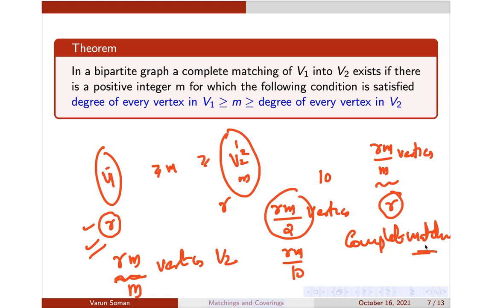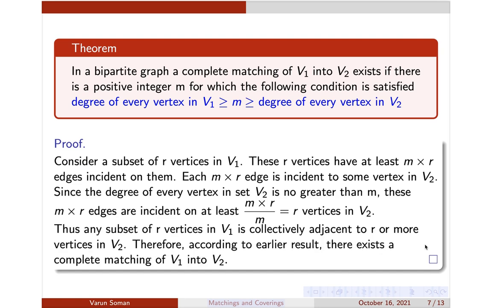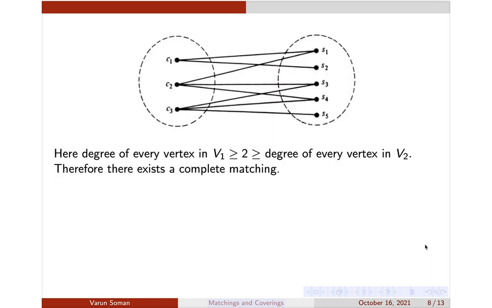Just try to read out the proof. So this is an example of that. If you look at this graph here, every vertex of this V1 has degree 2, and every vertex of this V2 has degree 2, 1, 2, 1, 2. So 2 is greater or equal to 2, and it's again greater or equal to 2.